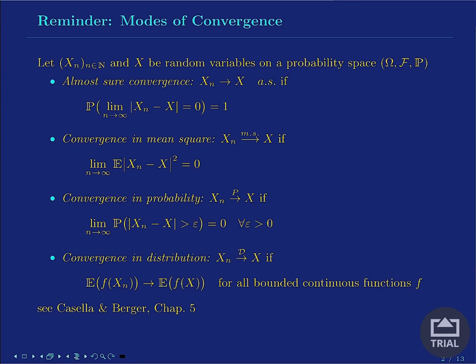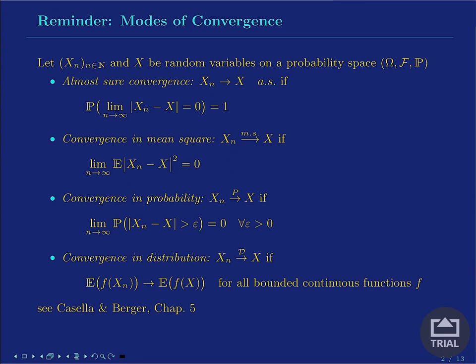So the big difference between convergence in probability and convergence in mean square is that for convergence in probability we only look at the outcomes for which we have more than epsilon deviation. So the size of the deviation, how much Xn deviates from X, if it is more than epsilon, does not matter.